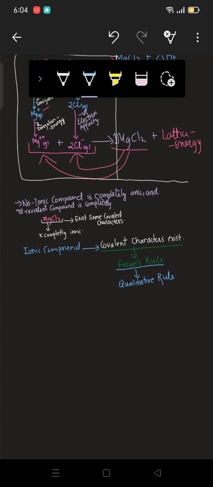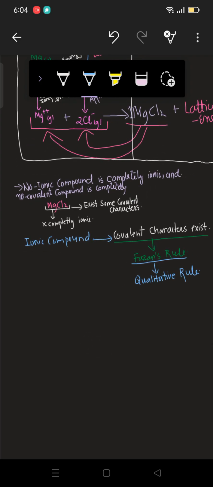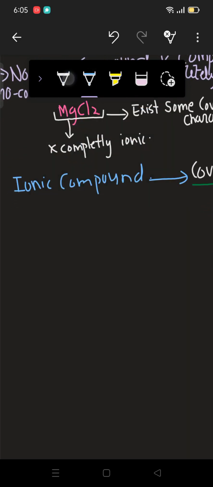Fajan's rule will tell us the covalent characters in the ionic by comparing two ionic molecules, right? For example, solubility, right? We know that ionic compounds are more soluble in water, right? So if I talk about solubility, let me write this here.